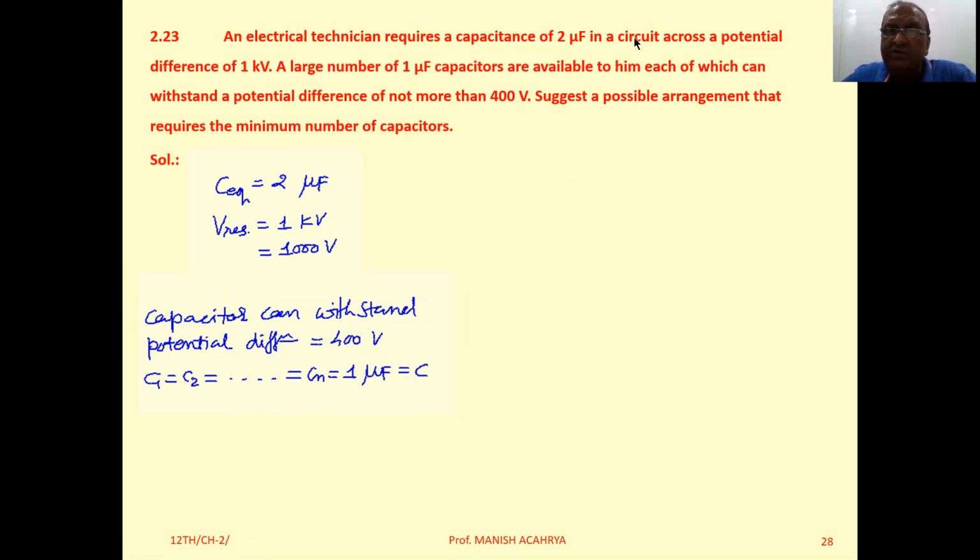First of all, clear to all? Because a series combination of 3 capacitors will give you a total potential difference that is equal to 1200 volt, and here in the circuit 1000 volt is applied.